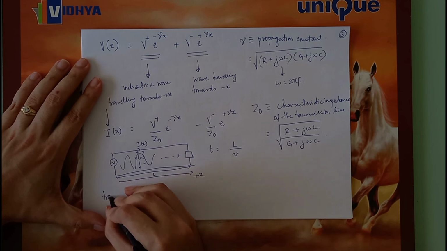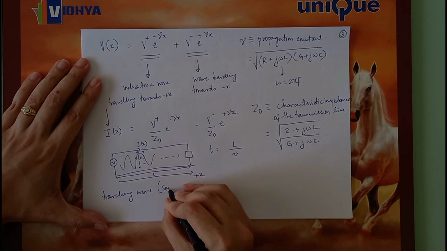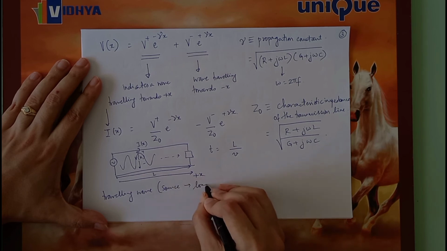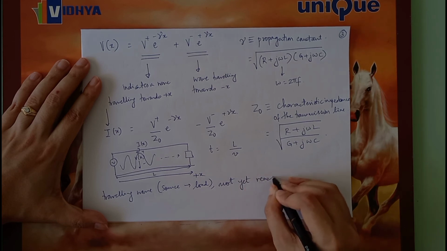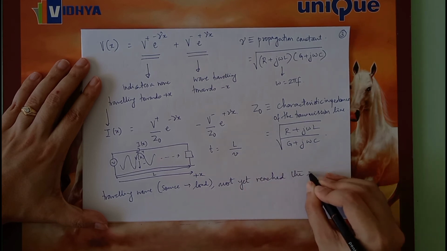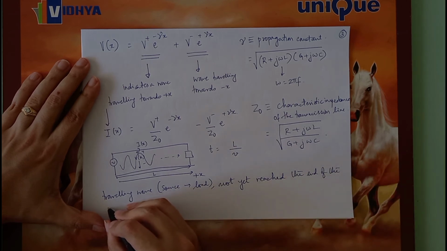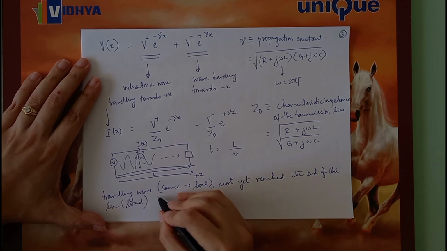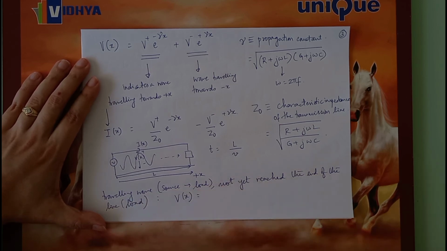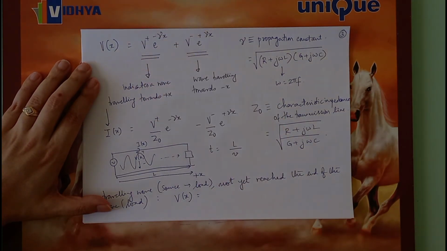So, a traveling wave from source to load, but not yet reached the end of the line, that is the load. What will be v of x? Well, we will definitely have this term. But will the second term be there?